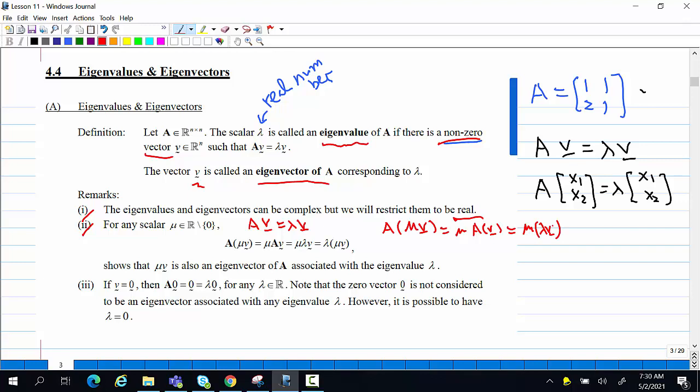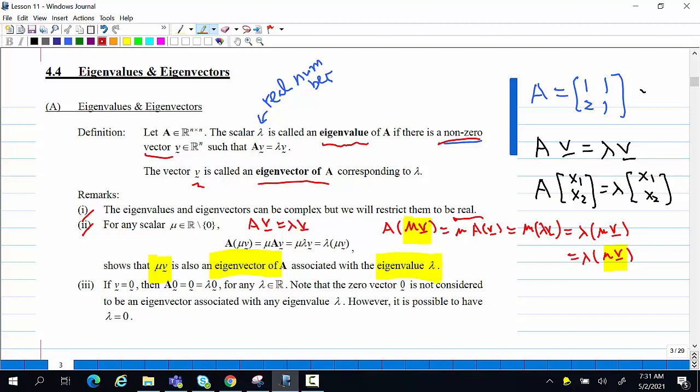I push the mu inside and bring lambda outside here, and then this is actually lambda times mu V. So you find that mu V is an eigenvector of A with eigenvalue lambda.